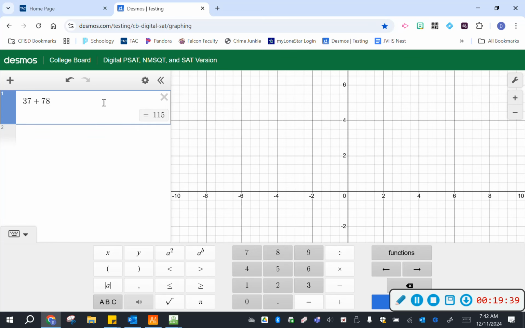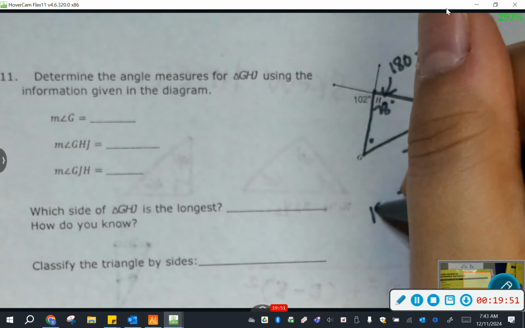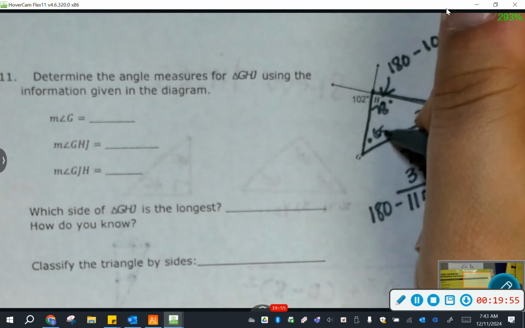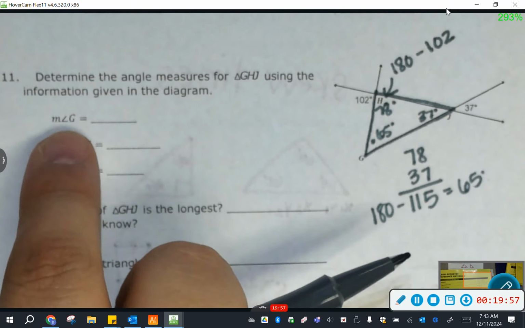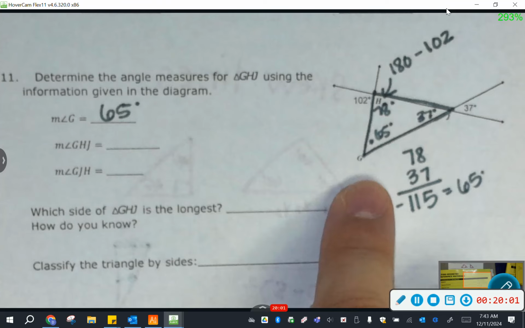And then what do I do with 115? Subtract it from 180. 180 minus 115 is 65 degrees. So this right here is 65 degrees.